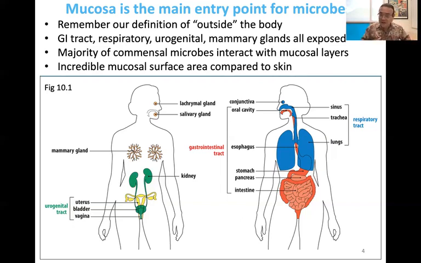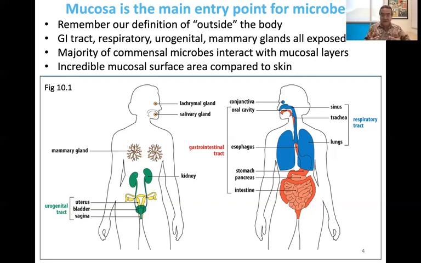So mucosa is the lining that really defines inside versus outside for all of these types of systems inside of our body. Our GI tract, our respiratory tract, the urogenital tract, even things like mammary glands, are all examples of thin mucosal barriers between the inside tissues of our body and the outside.